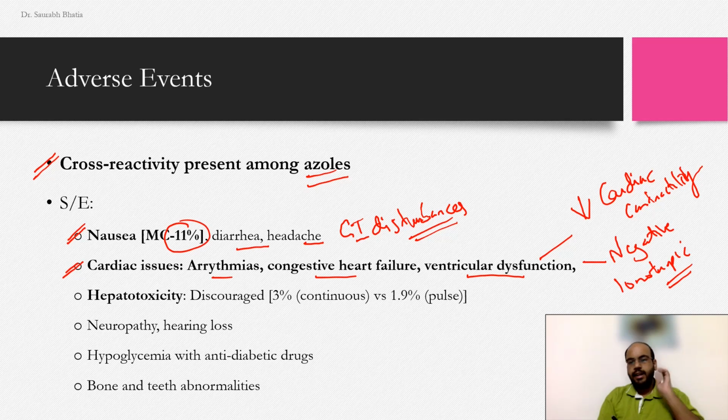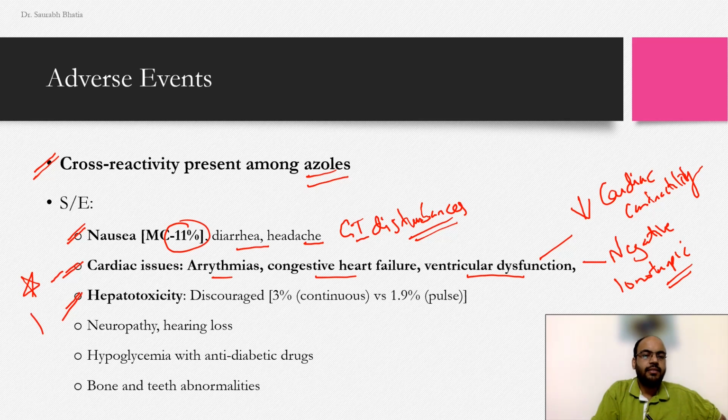So with decreased cardiac contractility and negative inotropic function, you cannot use it, or you have to use it very carefully in patients who have a history of arrhythmias, or who have other risk factors for congestive heart failure, or who have a propensity to develop ventricular dysfunction. This is a very important adverse event.